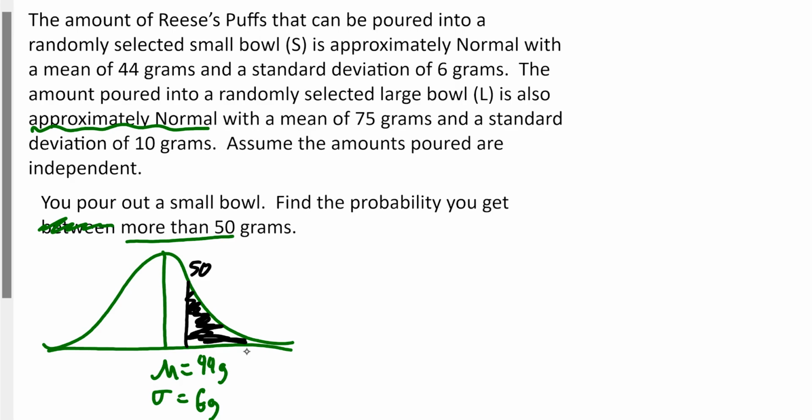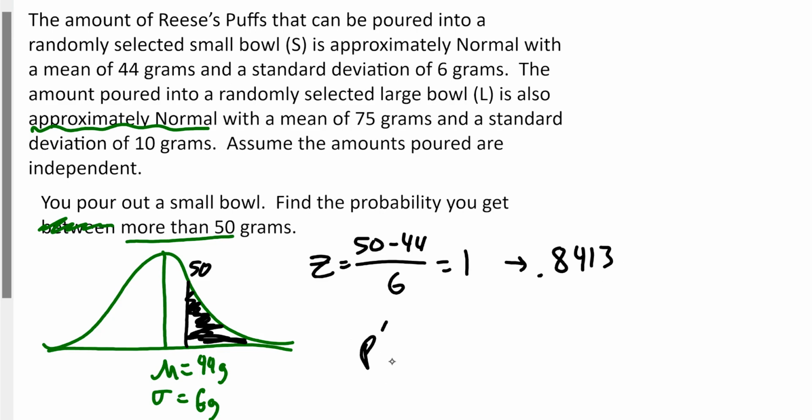All right? So how do you do that? We have to find the z-score. So that 50 minus the mean divided by the standard deviation should get us a z-score of 1. Since we want, and that does get you a probability. If you go onto your formula sheet, your z-table, 0.8413, which means the probability that's above that is 1 minus 0.8413, or 0.1587.